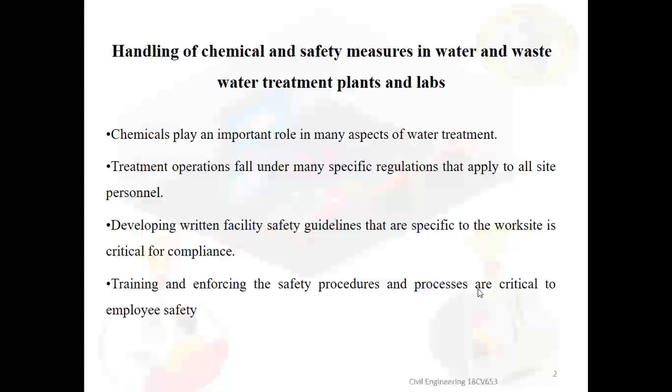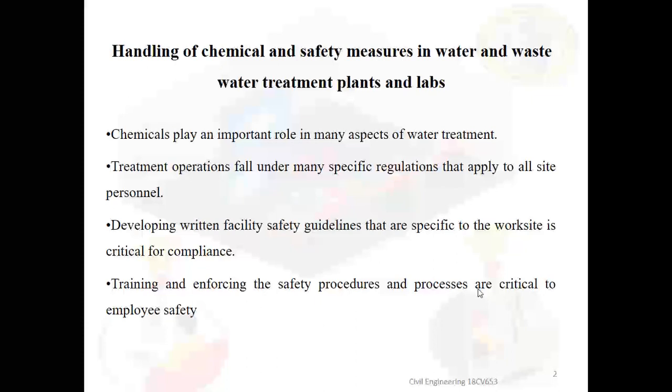Since chemicals play an important role in wastewater treatment, its specifications and the regulations apply to all the personnel of that site, and we should have written safety guidelines that are specific to the work site, which are critical for compliance.